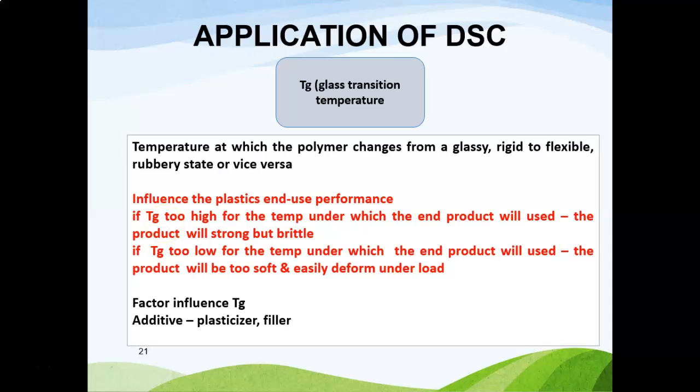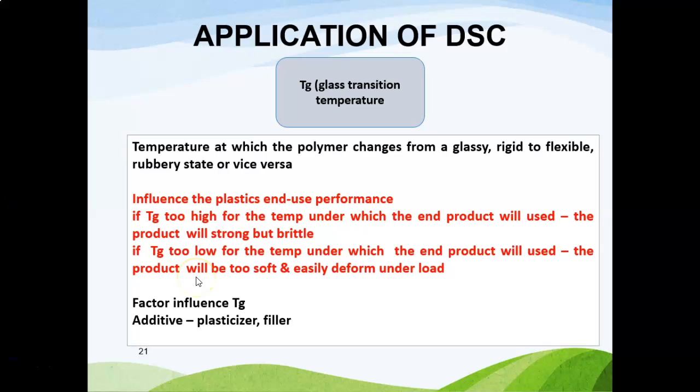So if you use a material which has a high TG, but the requirement or your boss wants a TG which is lower than 260, what will happen? Your product performance will be strong but brittle because the TG does not meet the requirement.